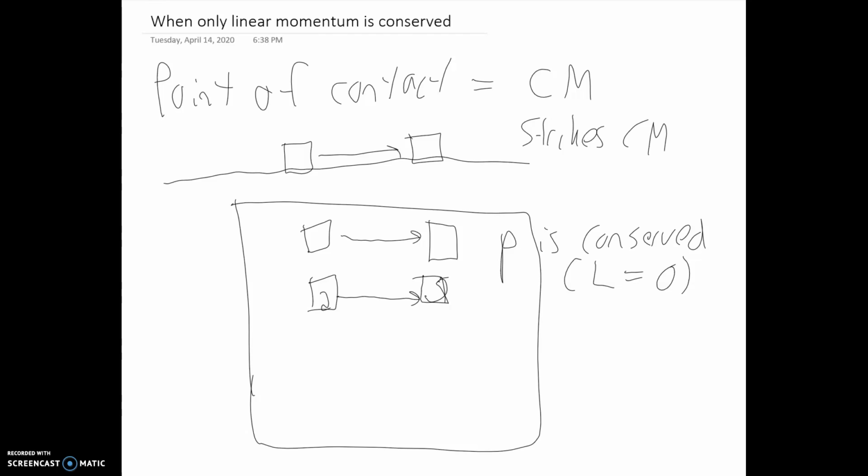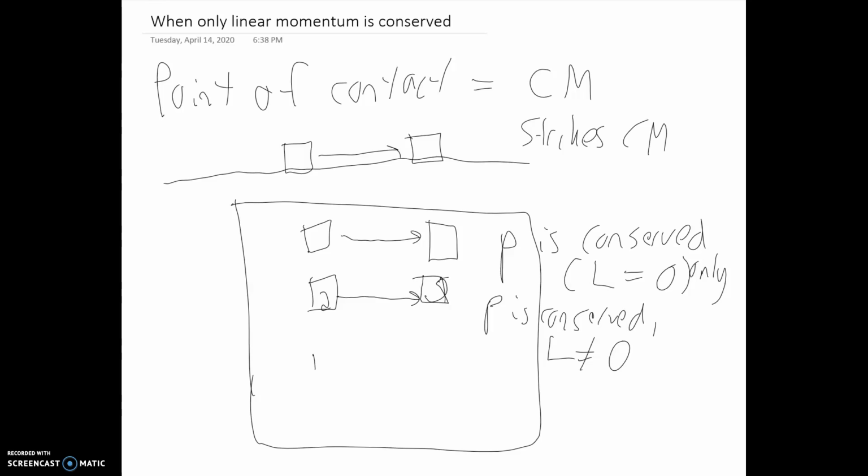In this case, the linear momentum is conserved too, but the angular momentum is not zero. So linear momentum is, in this case, the only meaningful thing when the centers of mass hit. Now there's a couple other ways we can do this.